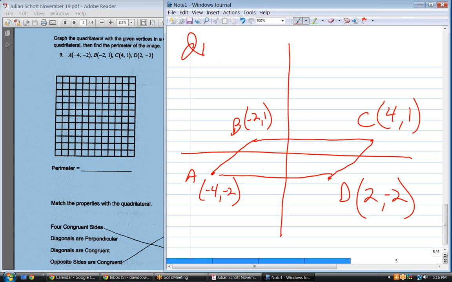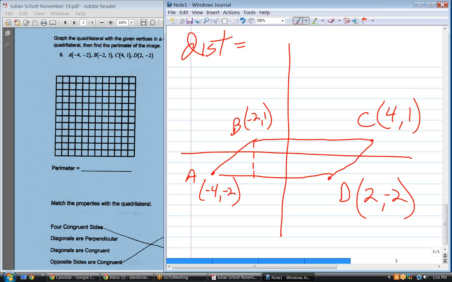Distance is always the hypotenuse of a right triangle. If I want to remember the distance between two points on the XY coordinate plane, the way to think about it is to take those two points and turn it into a triangle. Those two points now represent the hypotenuse of that triangle. So we're going to use the Pythagorean Theorem.